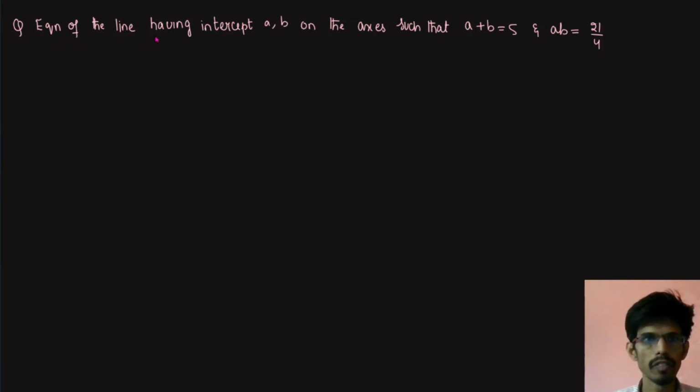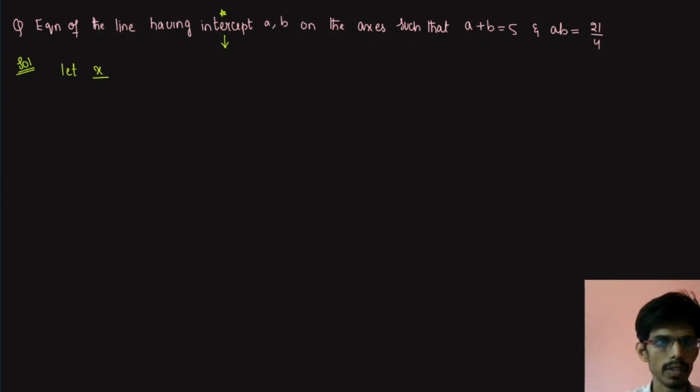Find the equation of the line having intercepts a, b on the axes respectively such that a plus b is 5, ab equal to 21 by 4. Now here the word intercept comes, so we use the intercept form.